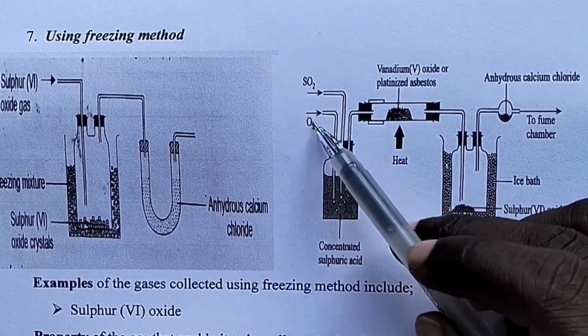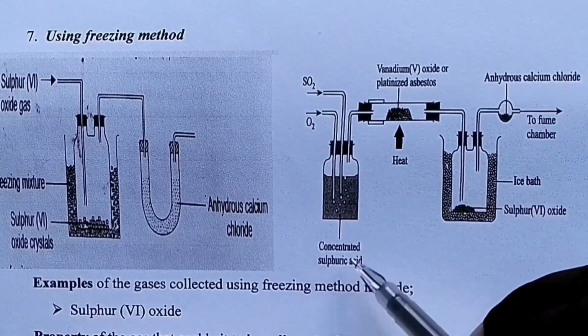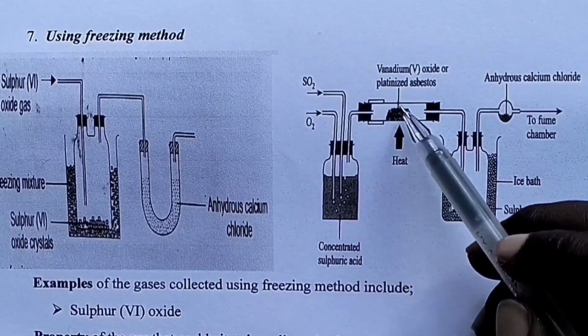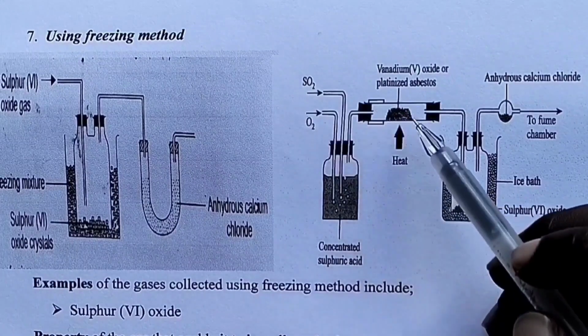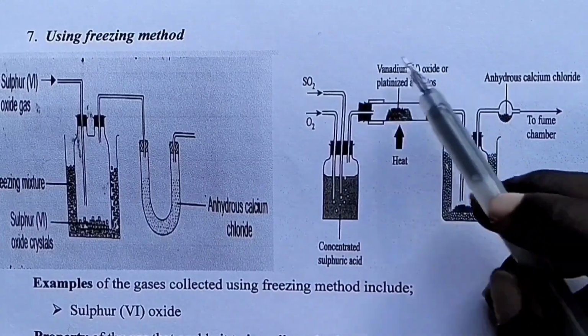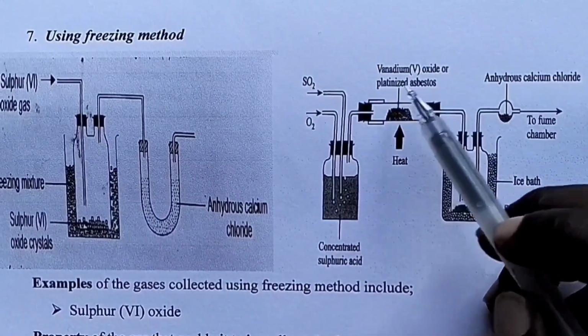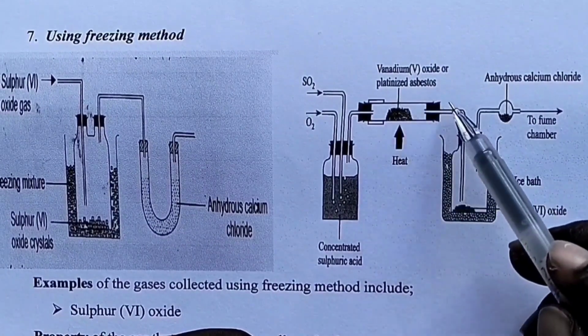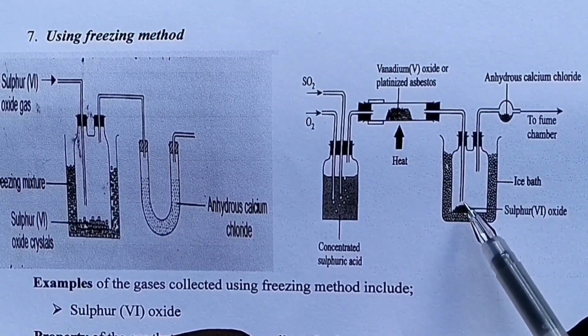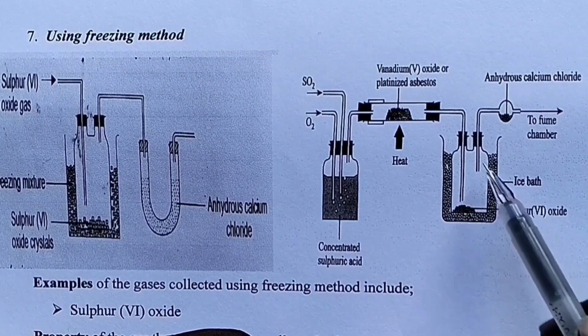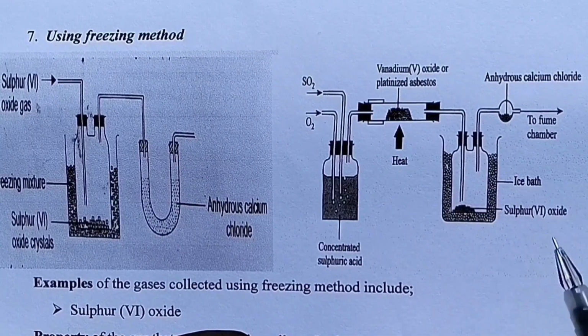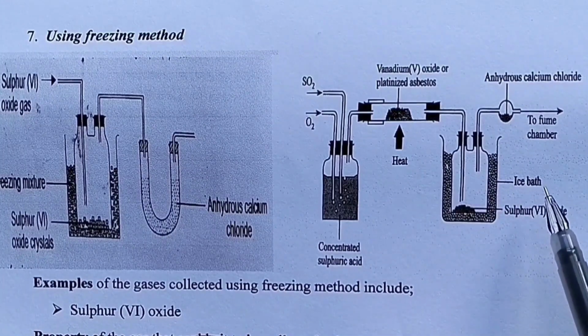They are dried using concentrated sulfuric acid, and the reactants are heated in the presence of a catalyst, that is vanadium(V) oxide catalyst or platinum catalyst. Then we are going to collect that gas, sulfur(VI) oxide gas, by the freezing method, where we are going to have the ice bath or the freezing mixture.